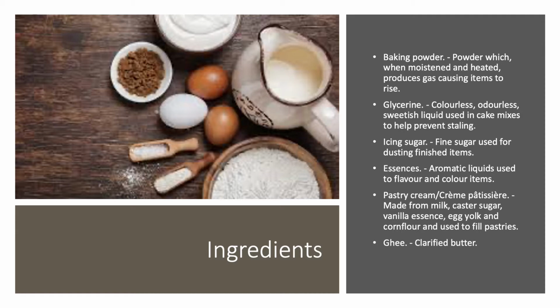Pastry cream, creme patissiere, is a type of custard. Okay, a thickened custard. Okay, custard is essentially made from milk, egg yolks, and sugar, and we can either use vanilla essence or lemon zest here. Now, typically when we use vanilla or lemon, it is there to dull the flavour of the egg.